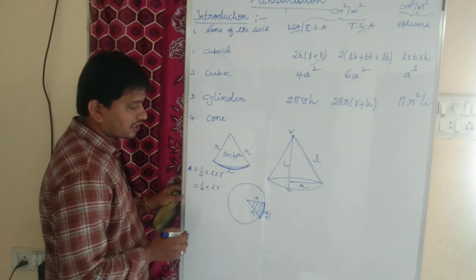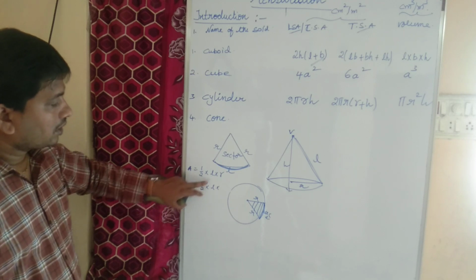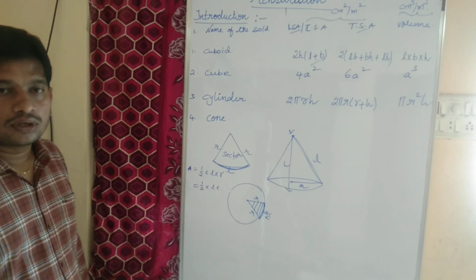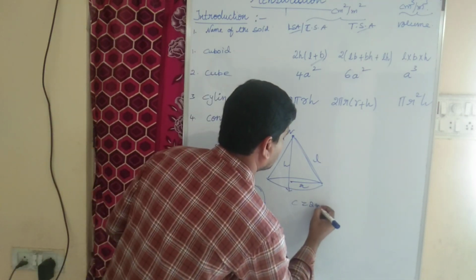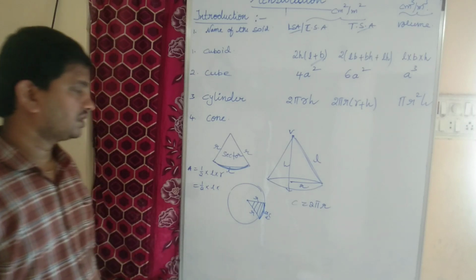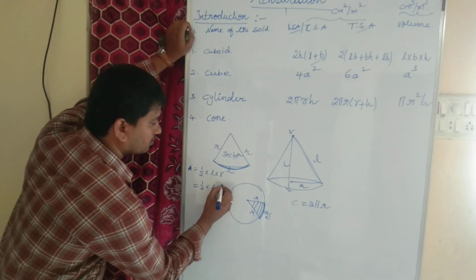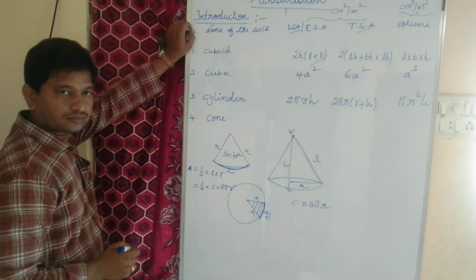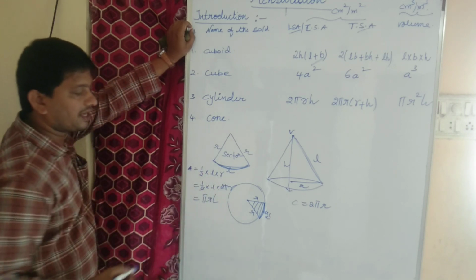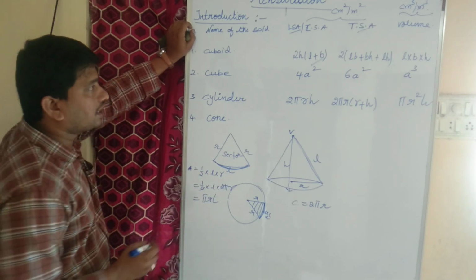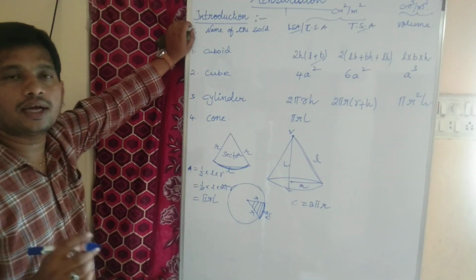The circumference of circle formula is 2 pi r, right? So half into 2 pi r into L. If I cancel this 2 and 2, what will I get? Pi r L. So what is the lateral surface area of cone? Lateral surface area of cone is pi r L.